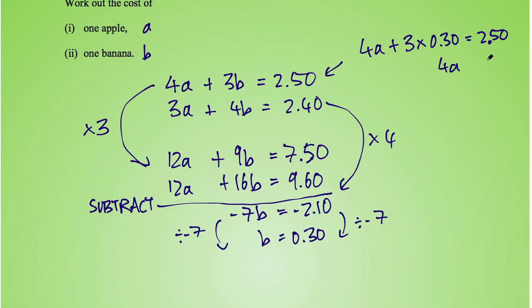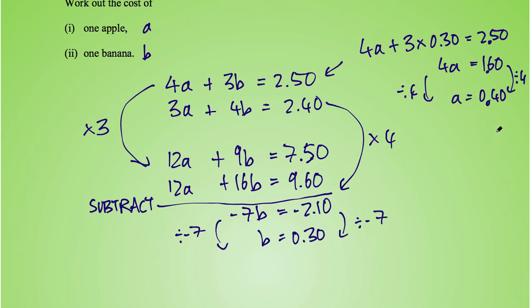That gives me 4 apples, minusing the 3 30p's, that's 90p. So 4 apples is £1.60. Divide both sides by 4 to get A on its own. And that gives me A equals £0.40, 40 pence.